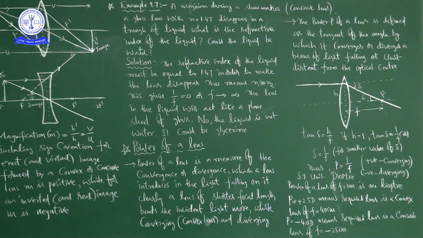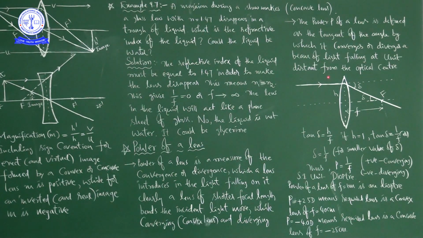Next, the power of a lens is defined as the tangent of the angle by which it converges or diverges a beam of light falling at unit distance from the optical center.